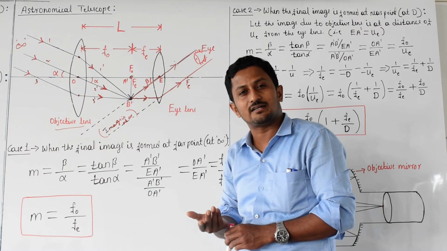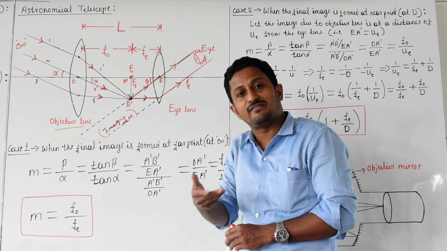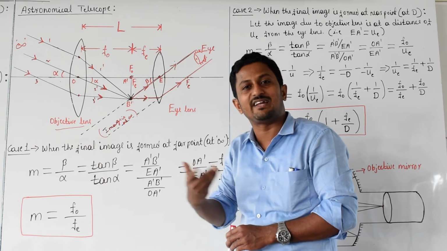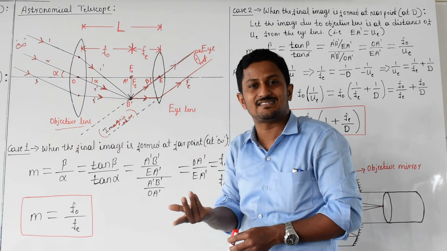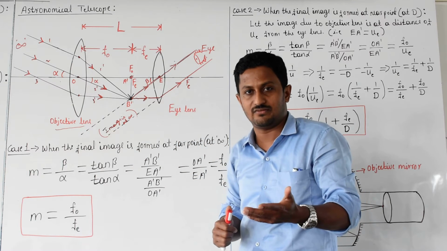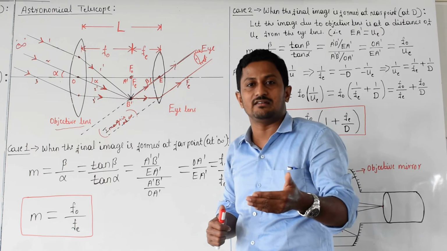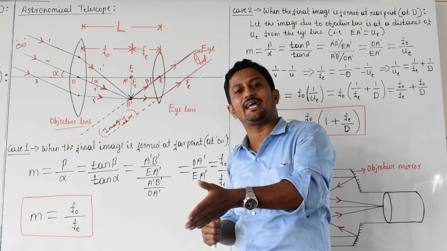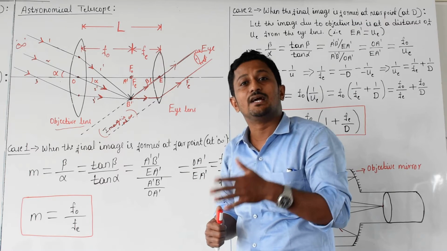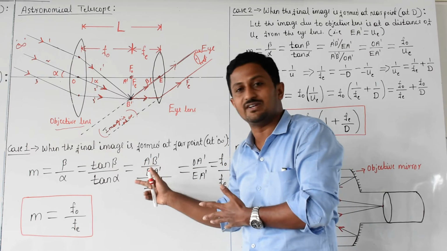Already we know that we can take the magnifying power or magnification of that telescope or of that lens as a ratio of the visual angle subtended by the image to the visual angle subtended by the object. This already we discussed.